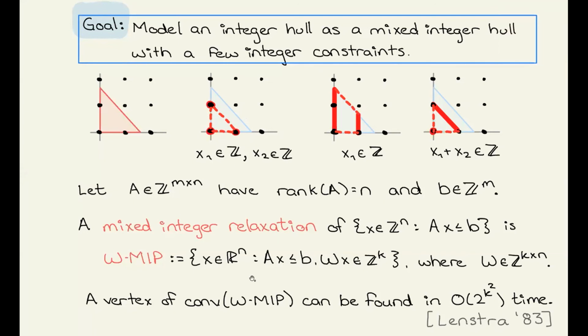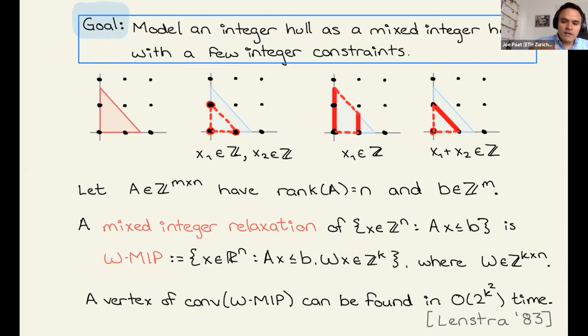Going down to this last result on this slide by Lenstra, you can find a vertex of these mixed integer relaxations, these mixed integer hulls. You can find it in about this time, which only depends on the number of integer constraints that you've imposed.